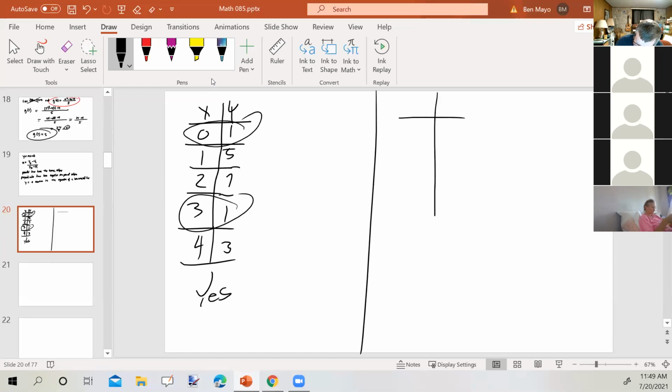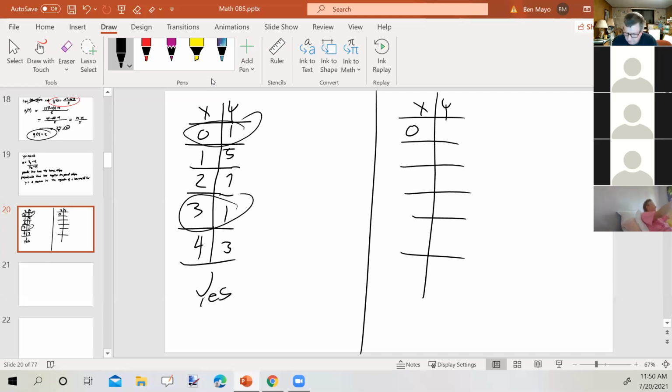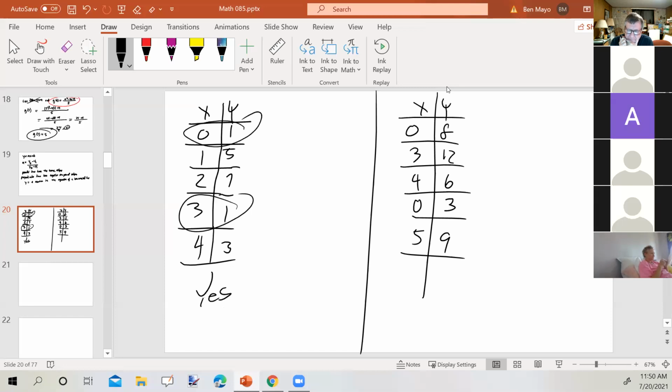Okay, what about this one? Function or not? Not. Why not? There's two X inputs that share different Y outputs.